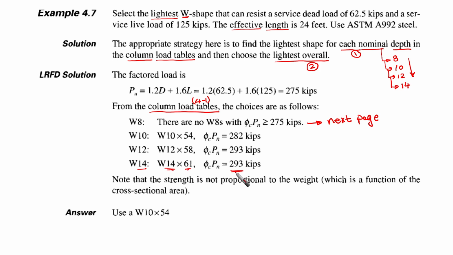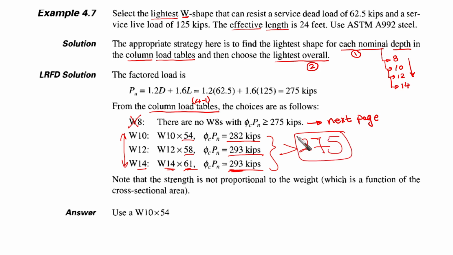How are we going to use this, how are we going to compare? We said that W8 is not working. All of them, W10, 12, and 14, are working, and all of them are providing strengths higher than 275. So all of them are okay.